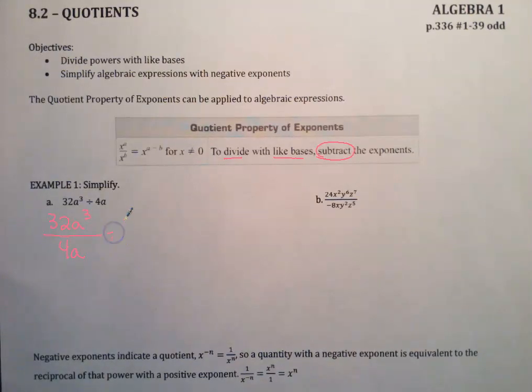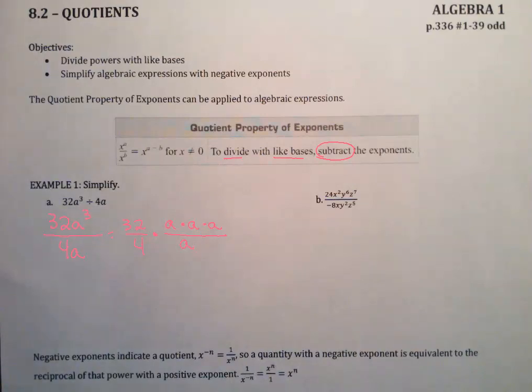This is going to equal 32 divided by 4. Then we have 3 a's. So I'm going to show it to you this way: a times a times a over 1a in the denominator. Hopefully this will help you see why it is subtraction.